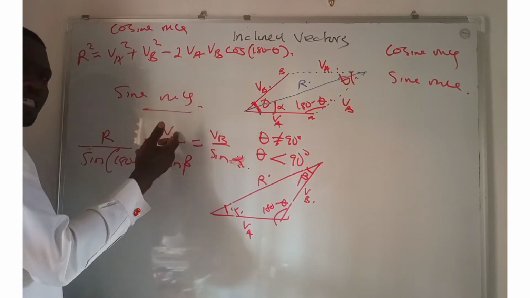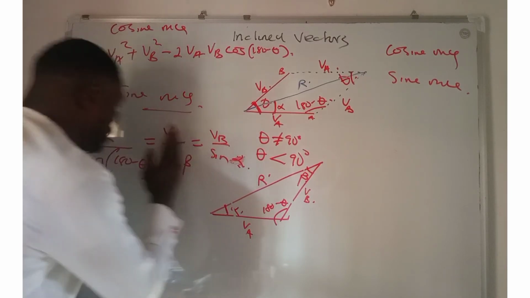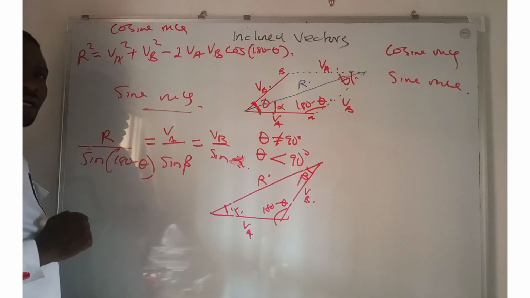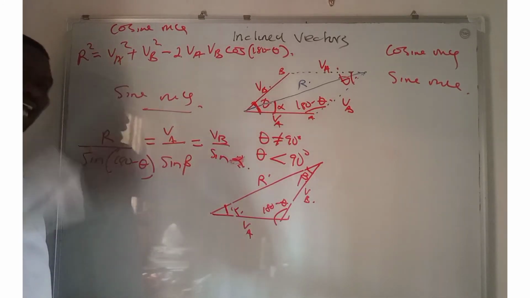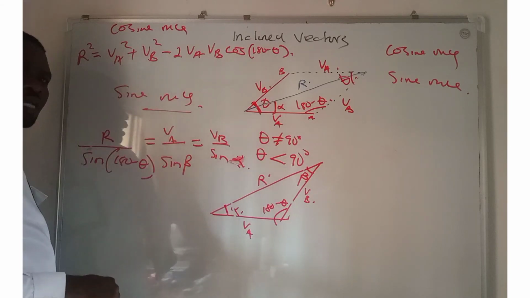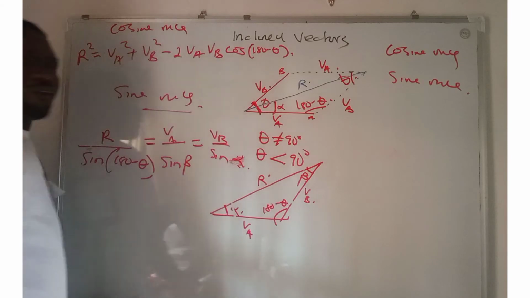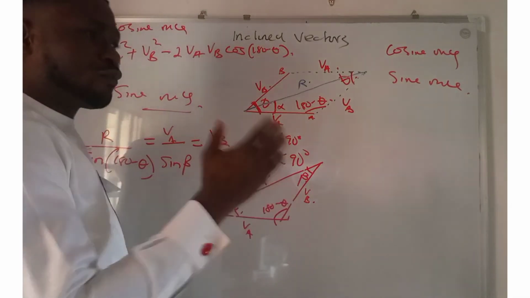If VA and B are given, then I will combine these two and look for R, where I will make R the subject of the formula. But the idea is that the side or the angle you are interested in, that fraction must be maintained, and then you combine it with another fraction that has every parameter given. So this is actually how to find inclined vectors.